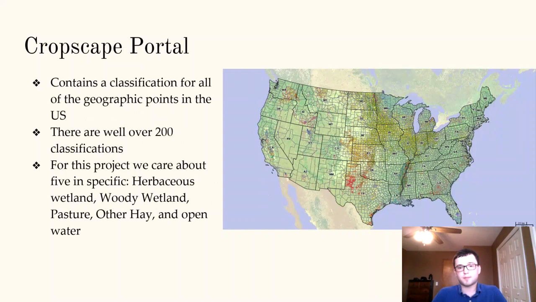So what is the Cropscape portal? Most of the information that I used in this specific study was pulled directly from the Cropscape portal. It contains a classification for all of the geographic points in the U.S. These come directly from Landsat 5 and 8 imagery, and all of this can be imported directly to your computer in a shapefile.